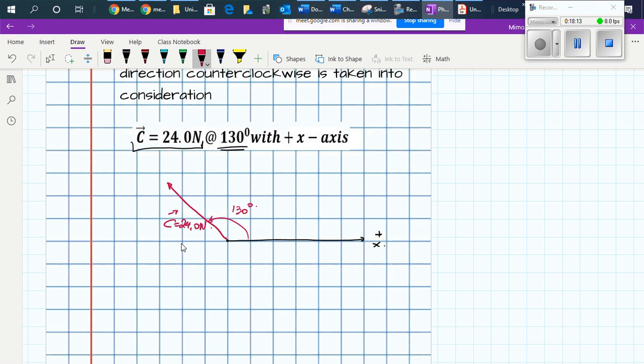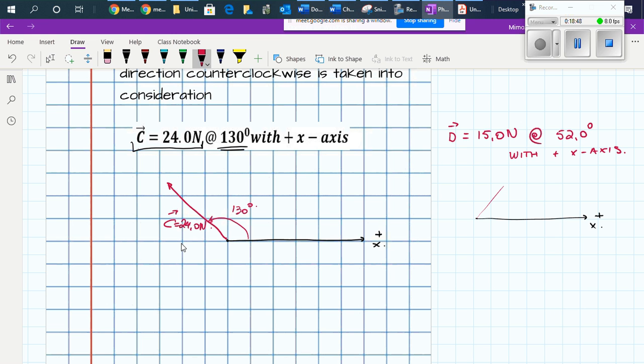Even if we have something like a vector D with a magnitude of 15 newtons at 52 degrees with the positive x-axis, the way that we will represent this vector is we will draw the positive x-axis here. And then we will ask, where is 52?